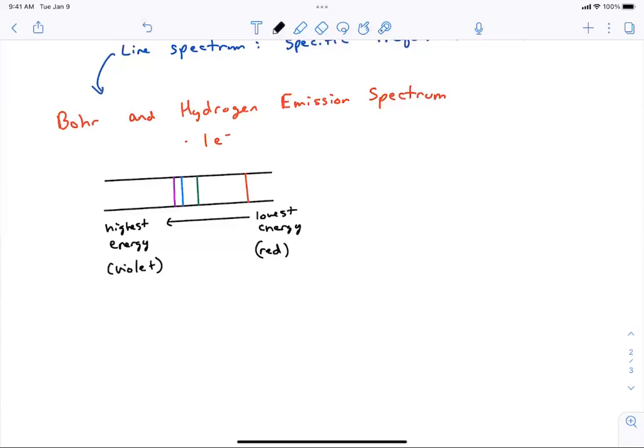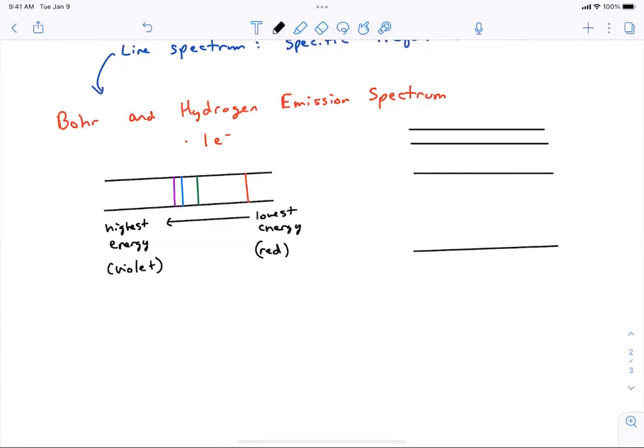So what that told them was that electrons couldn't be anywhere they wanted to. They had specific levels or locations they could be positioned at. So this experiment told them that, let me draw one more up here, that electrons couldn't exist anywhere.